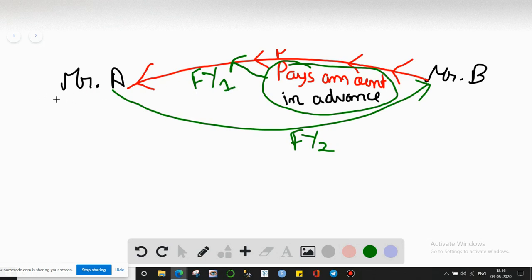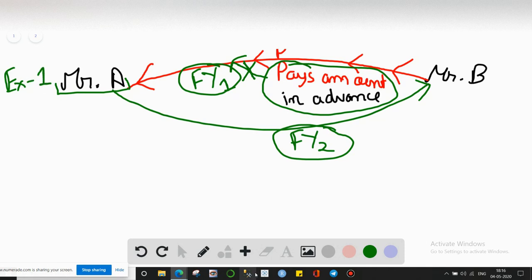So what is the crux of deferral concept? That Mr. A, even if the amount has been received in current year in advance for delivery of goods and services in future year, even then the amount will not be reportable in current financial year. So this is the example 1.